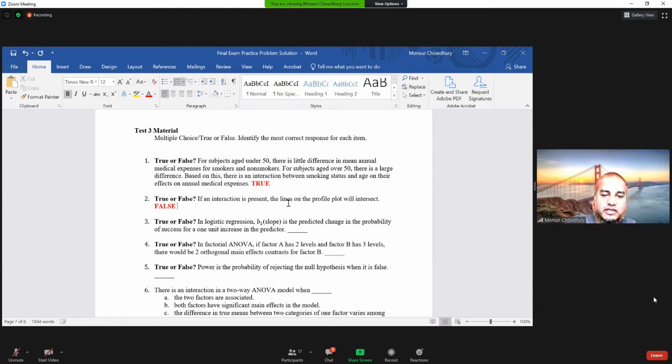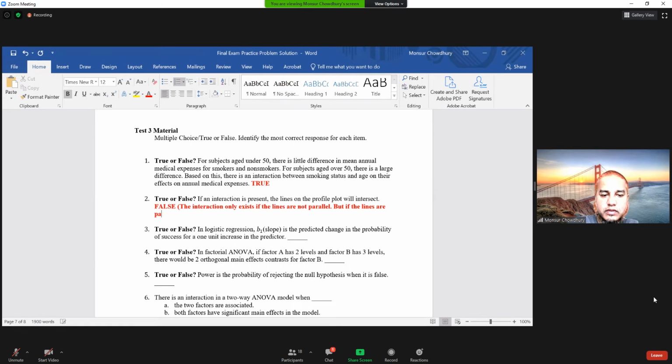So the idea why it is false, because the interaction, if the lines are parallel, then there will be no interaction.